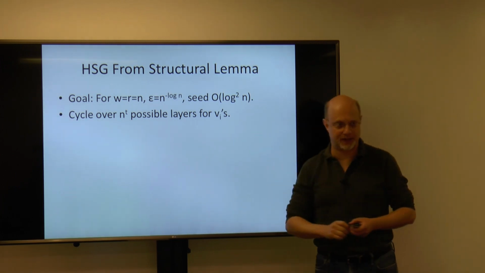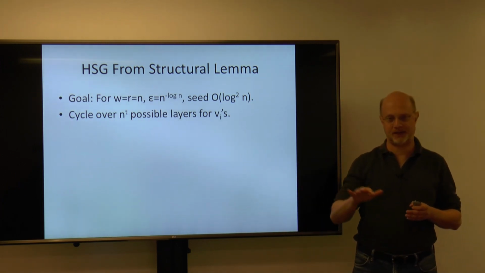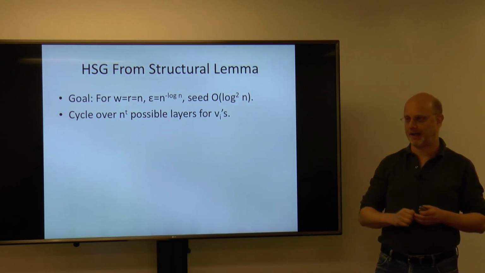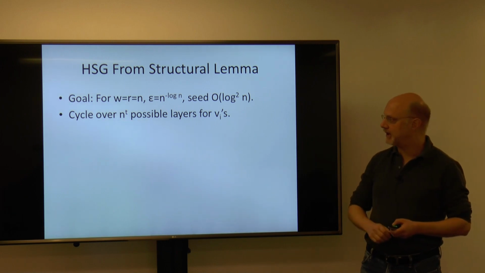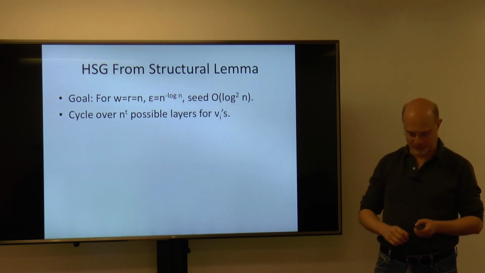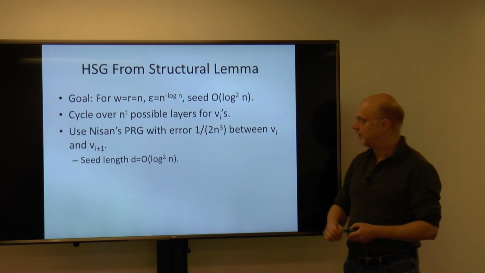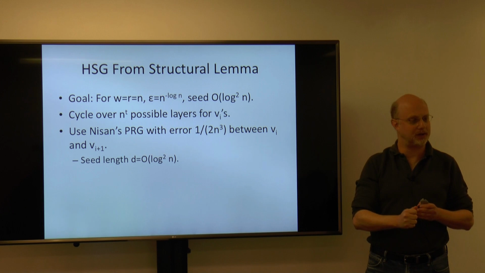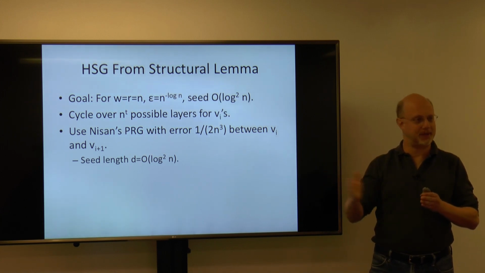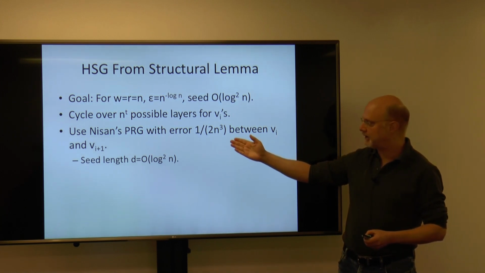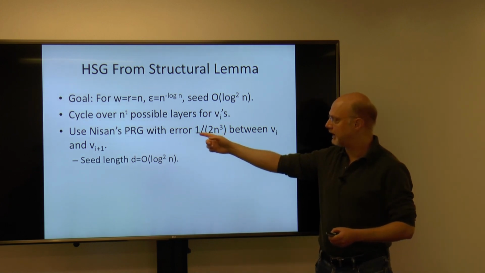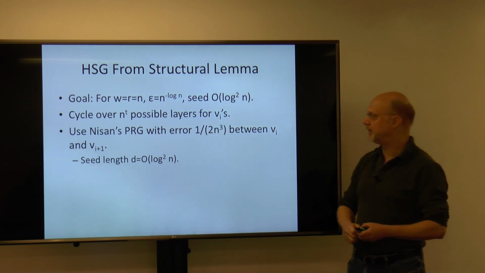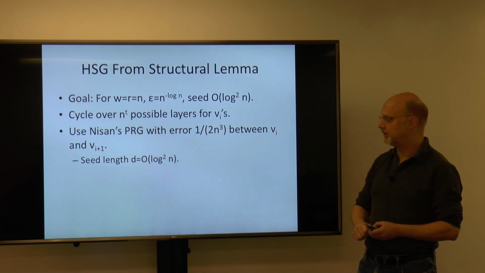So the first observation is, okay, we have these log n v's. We don't know which layer they're in, but we can cycle over all n to the log n possibilities for these vi's. The second idea is that to get from a vi to a vi plus 1, instead of using perfectly random bits, we can use Nisan's pseudorandom generator with somewhat reasonable error, just say 1 over 2n cubed, between vi and vi plus 1.